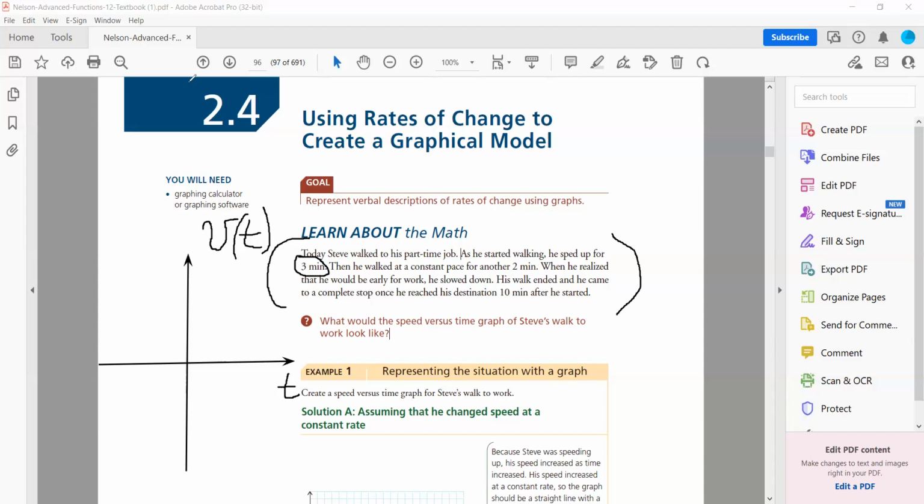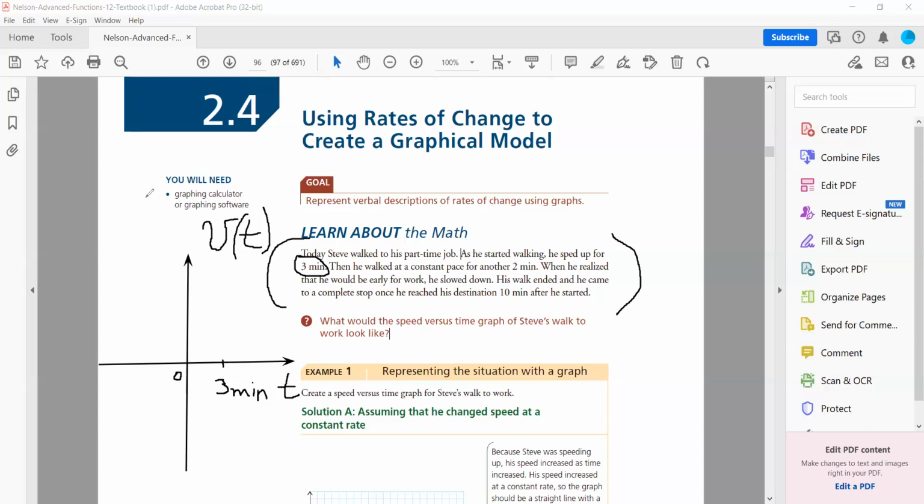As he started walking, he sped up for 3 minutes, then he walked at a constant pace for another 2 minutes. So when he started walking, the time was equal to 0, as well as the speed. And he was speeding up for 3 minutes. The 3 minutes time frame is here. He was speeding up, and now we have to decide.